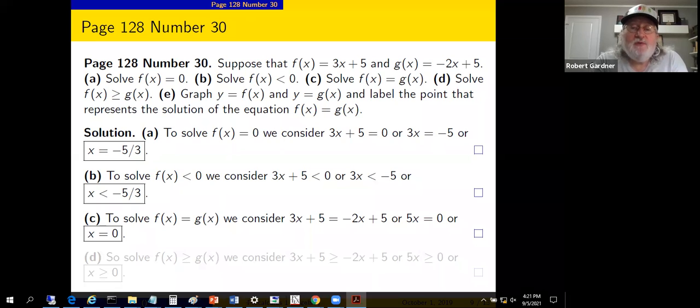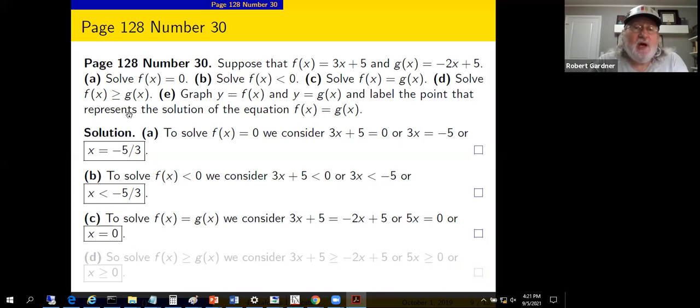The function values are the same when x equals 0, and it looks like they'll both be 5. Right? If x is 0, both function values will be 5. And that's how we get the function values equal at that point. So the point (0, 5) will lie on both. That'll be part of the discussion when we graph the thing.